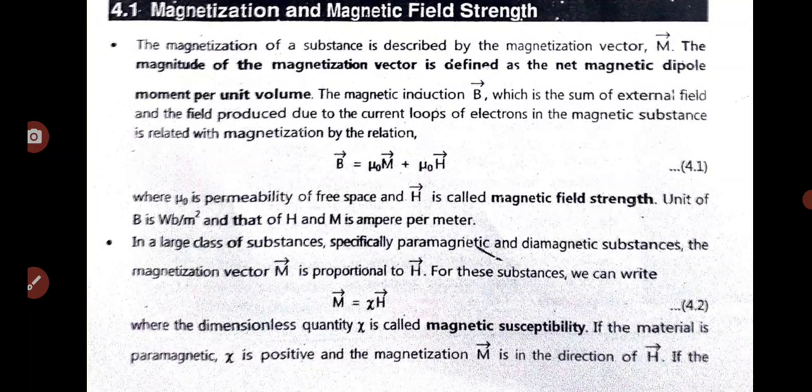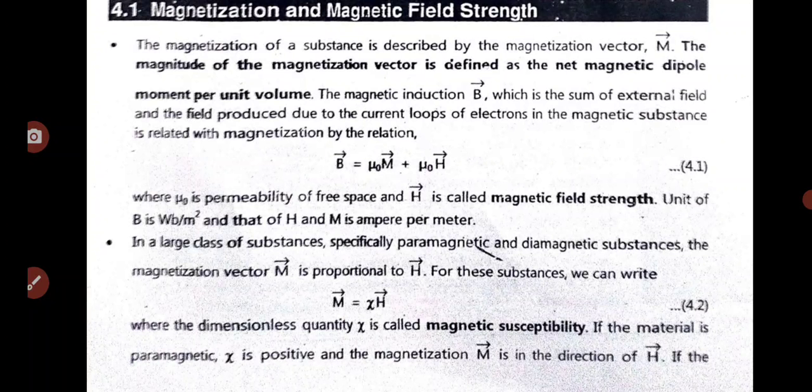This chi is the magnetic susceptibility, a dimensionless quantity. If the material is paramagnetic, the magnetic susceptibility is positive and the magnetization vector is in the direction of H bar.